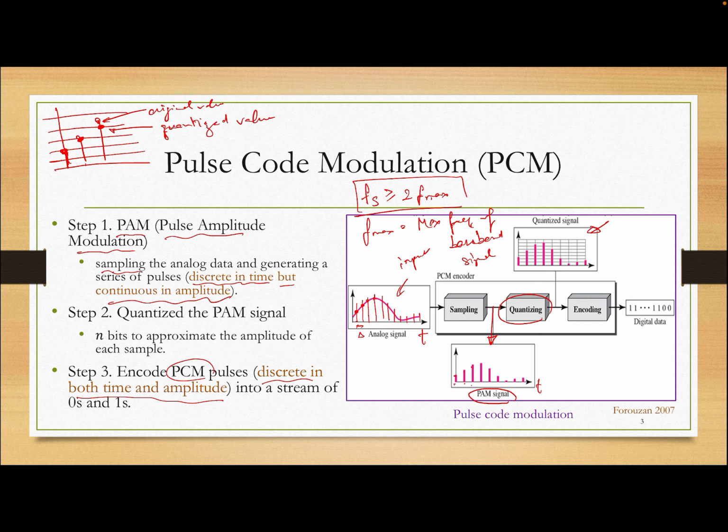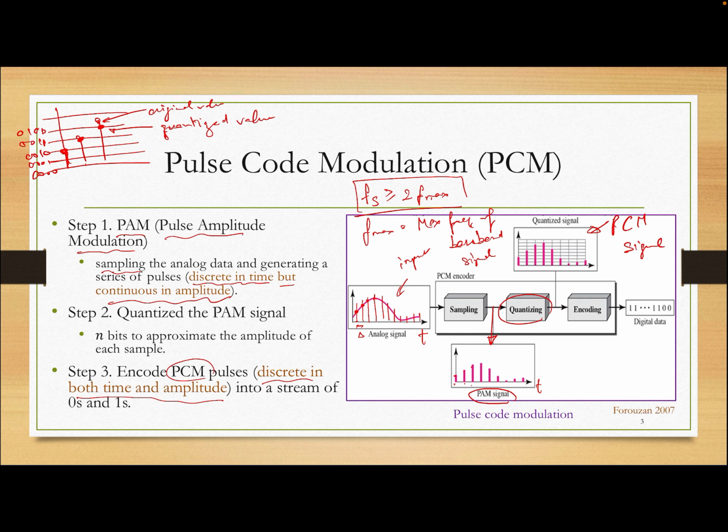So let's say this is 0, 0, 0, 0, 0, 0, 0, 1, 0, 0, 1, 0, 0, 0, 1, 1, and 0, 1, 0, 1, 0, 1, 0, 0. Something like this. So after I quantize, I will get over here the PCM signal.